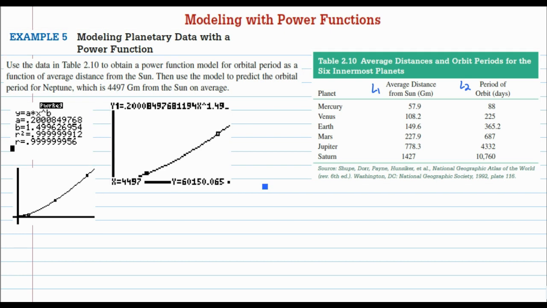So what my calculator comes out with is that the orbital period will be 60,150.07 days. Now I could have taken my power function and plugged 4497 into the equation and calculated that with my calculator, but since it was already plugged into y1 and all my stats and my lists, I figured I'd just let the calculator do the work for me.